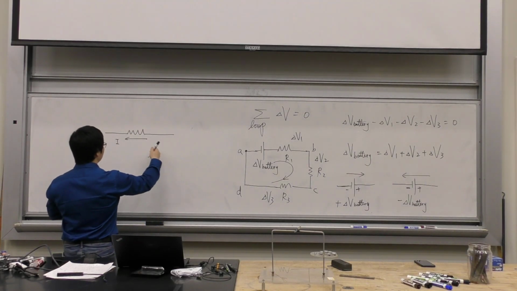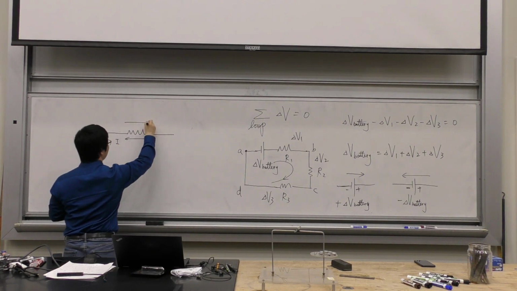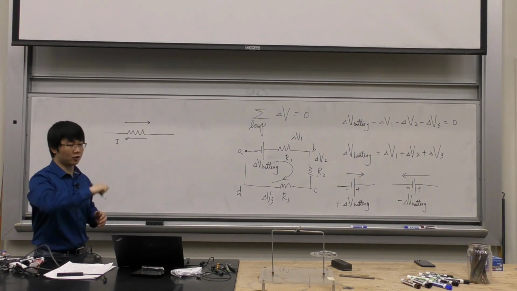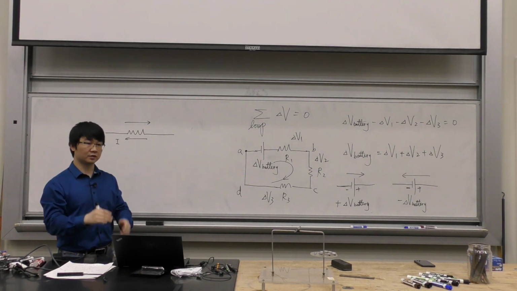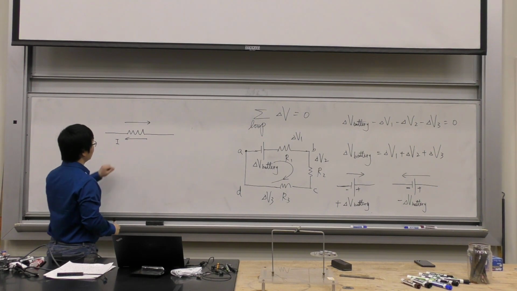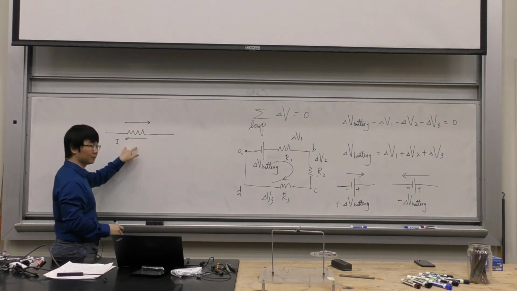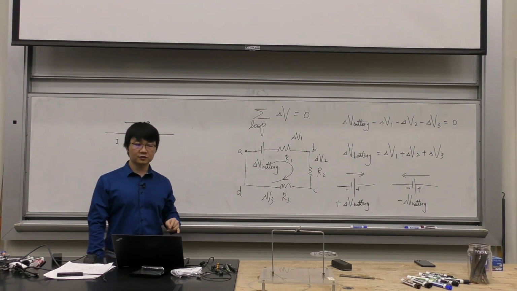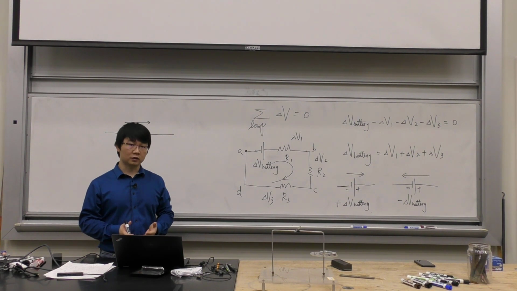If there's a current going this way, and you're traveling this way, remember you always travel in this loop in a certain direction, you write down the voltage for each element, right? Then the higher and the lower potential of each end is going to be determined by the current. How is it determined by the current? Think of current as water.